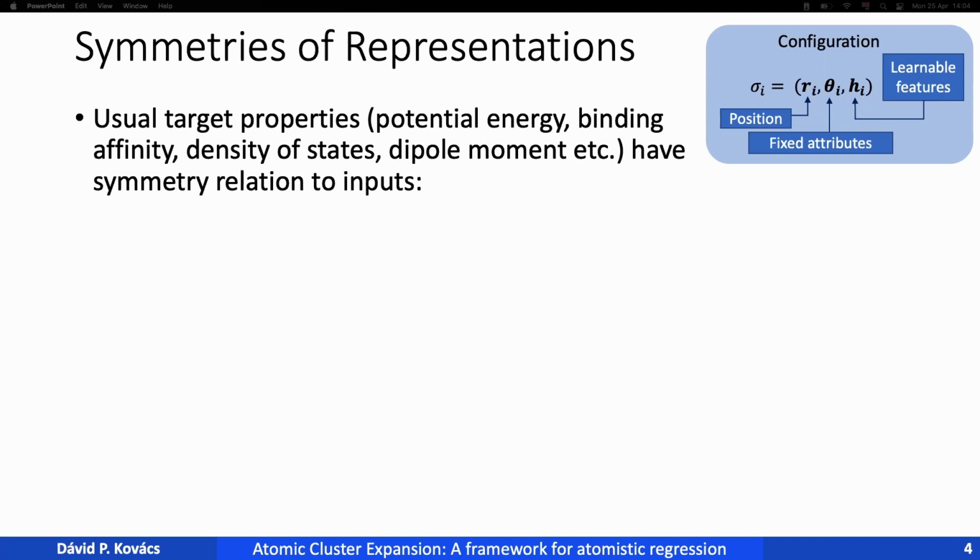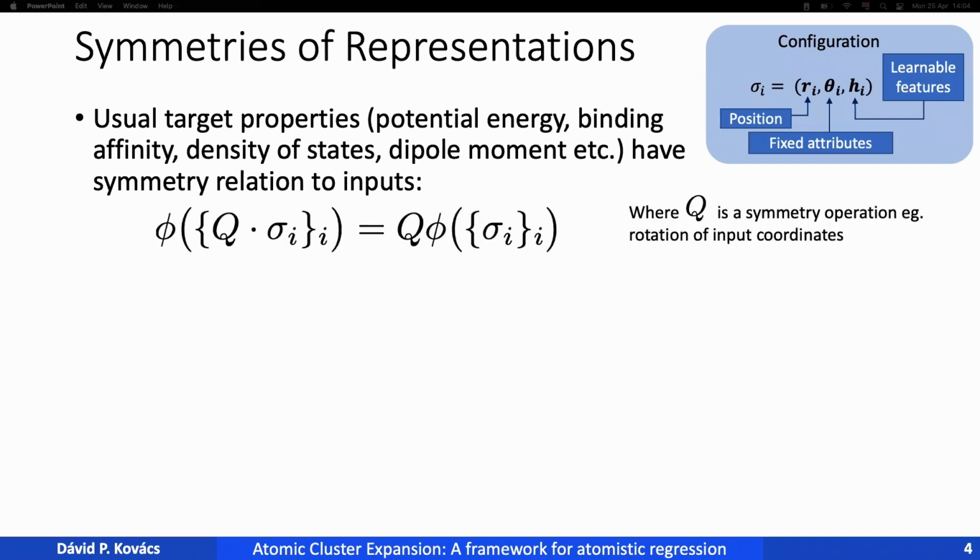The usual target properties of the machine learning are something like a potential energy, or it can be something else like a binding affinity if you want to go more AI, or the density of states, or dipole moment. These are all things that have some kind of symmetry with respect to the input of the model, and I can express this in a very general way.